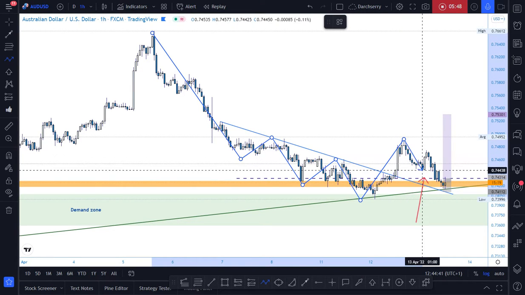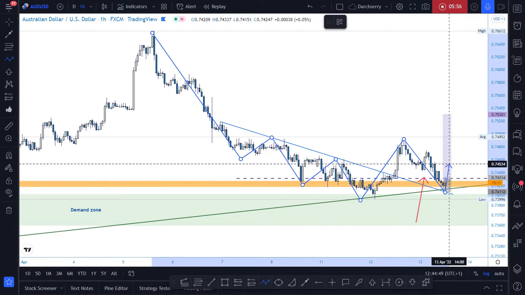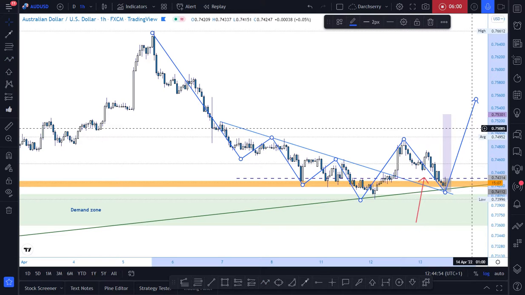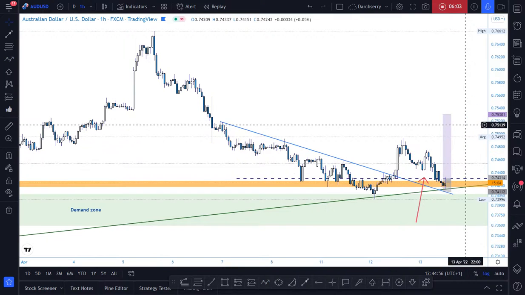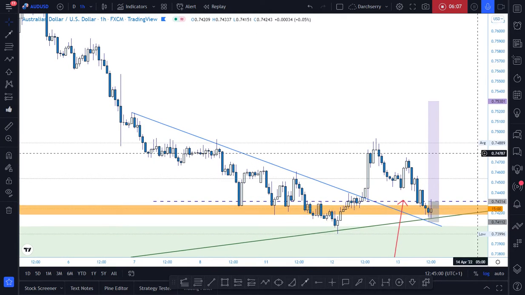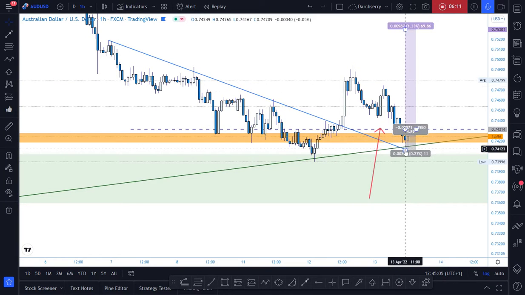And now we have a retest of that trend line, which also shares a confluence with the bullish trend line we identified on the 4 hours time frame. And this could probably push price to the upside. But this is not yet known, as we need some confirmations to make this decision.